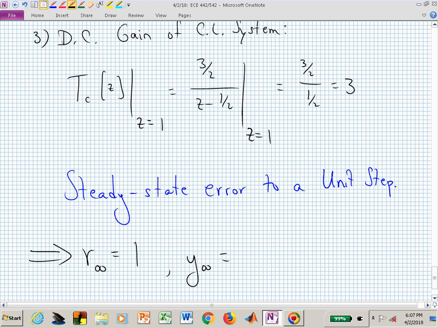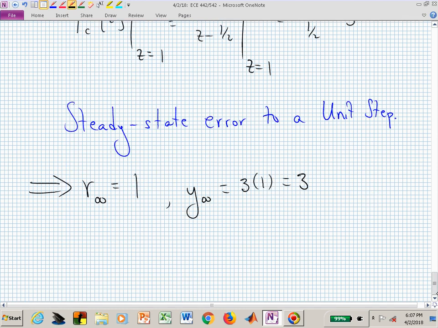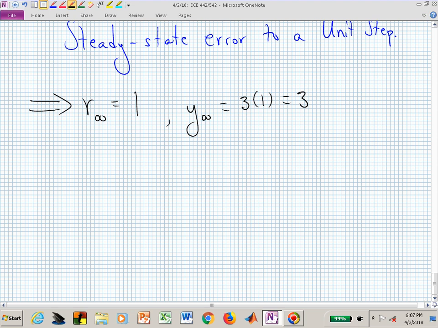It's going to be 3, isn't it? That's the DC gain. That's how a constant is scaled. If I put in a 2, I would go to 3 times 2, or 6. If I put in a 1, I'm going to 3 times 1. So my steady state output, y of infinity, is 3 times 1, or 3. I put in a 1, I get out a 3.